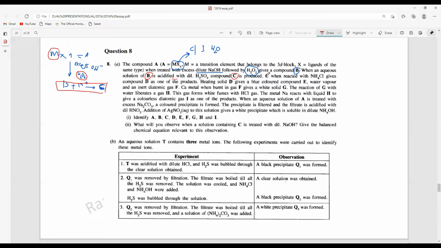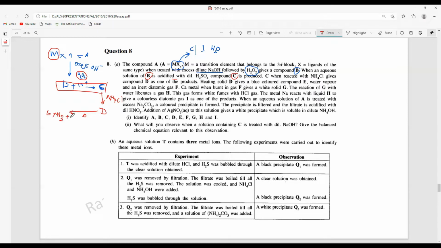And when we go further, C is treated with ammonium chloride, okay, it gives the compound D, which when you heat D, let's say heating solid D, gives a blue color compound, E, which is blue color, and they say it will give water and an inert diatomic gas.